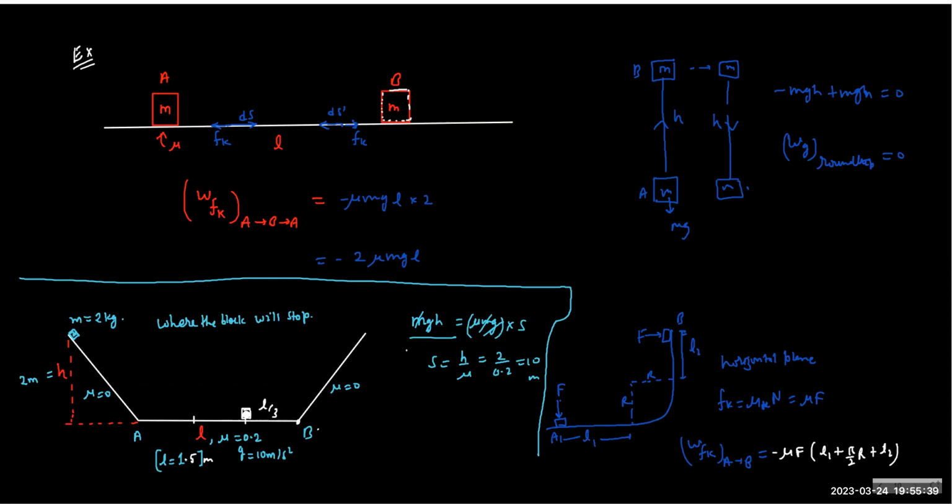The block will end here, right? Yes, sir. And this is L by 3, L by 3. So 1 meter. So 3 by 3. So this is where you will stop eventually.